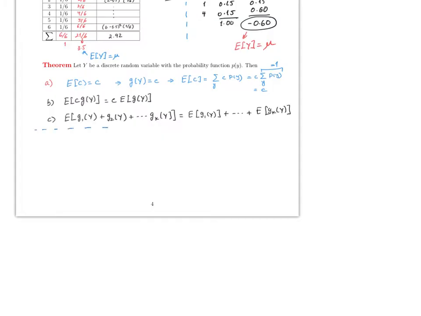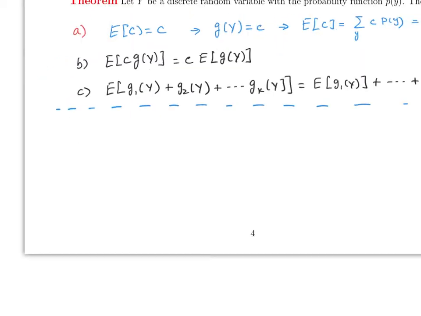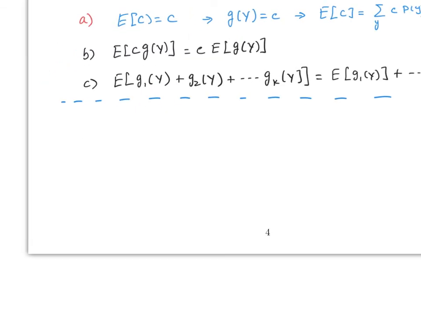Now, in particular, notice the following. Remember that the variance of the random variable was defined to be the expected value of (y minus mu) squared. If you expand this, and by expand I just mean algebra, this is the same thing as y squared minus 2 mu y plus mu squared.